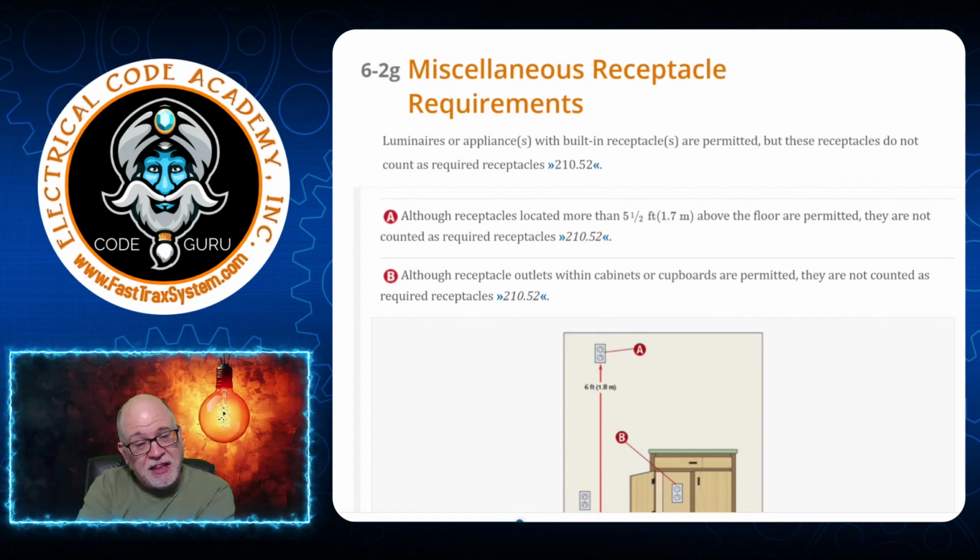Now you saw that at the beginning when we looked at the requirements in the code, and we said, hey, wait, can a receptacle that's over 5.5 feet be counted in the wall space requirement? No, it can't. Could a receptacle that's built into an appliance, or a piece of equipment, or a luminaire, meet the spacing requirement? Absolutely not. What about one inside of a cabinet? Absolutely not. Now, can I have one in a cabinet? Absolutely you can.